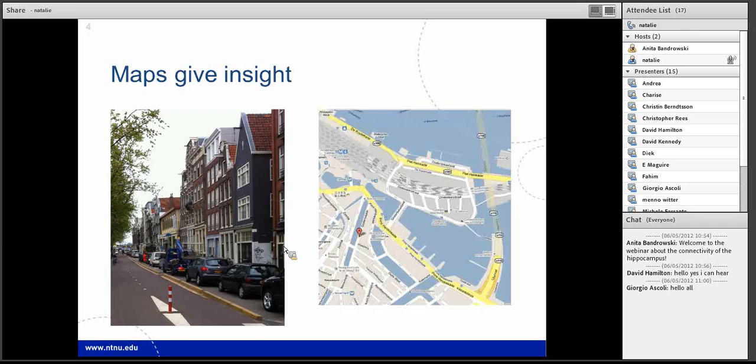Adding extra functional knowledge to a map, for example the traffic light, perhaps explains why the cars in the left image are waiting. When such functional details are added to a map of connections, this increases its explanatory potential.